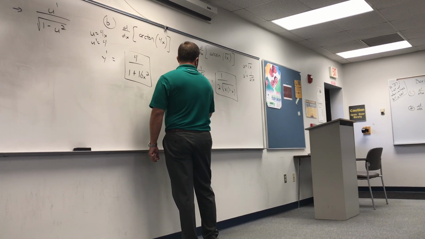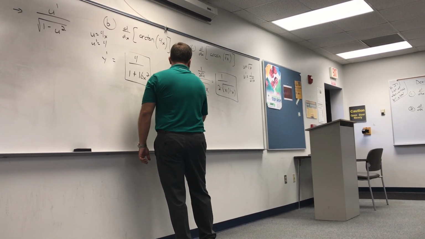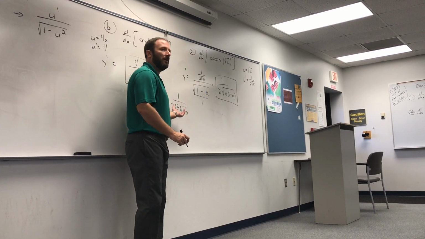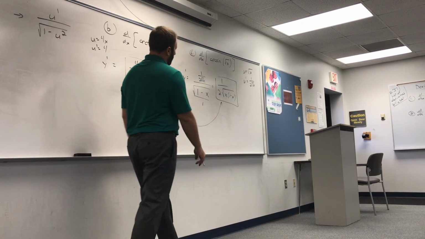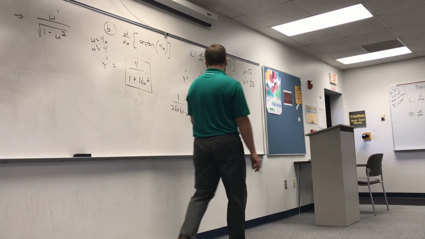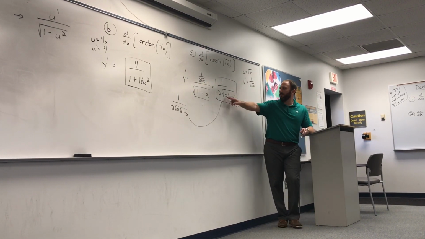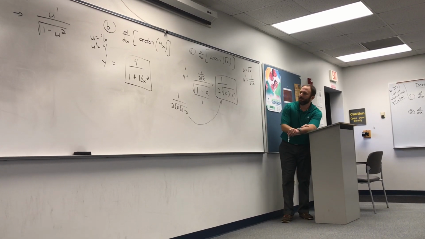If we don't see that, flip and multiply. 1 over 2 root x times root 1 minus x. Since these are both the square root, we could put them underneath the same radical. Good. Again, if we chose to distribute here and call it x minus x squared, that's okay too if we want to do it that way.